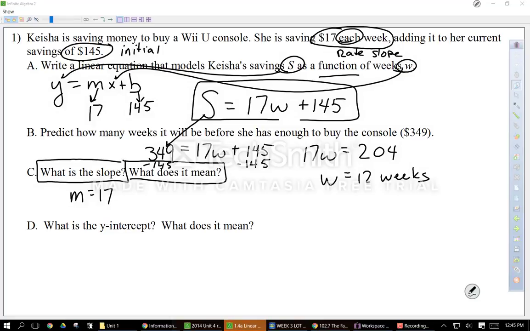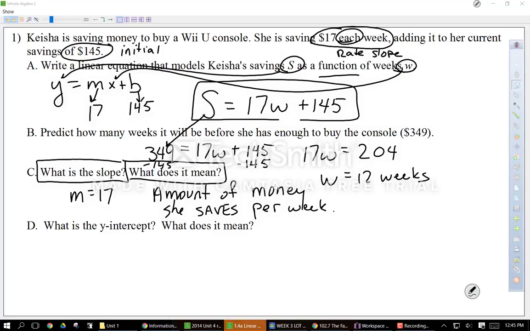So 17 is the amount of money she saves per week. That's as simple as that. That's all that it means. The amount of money she saves per week. $17 per week.